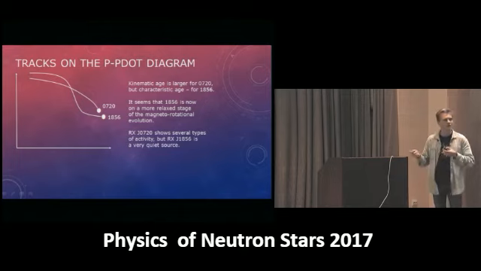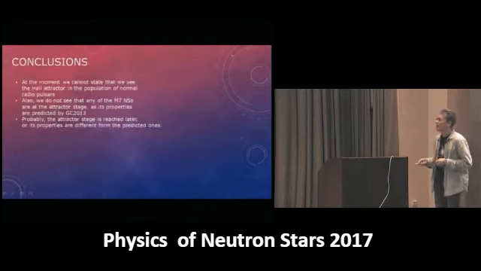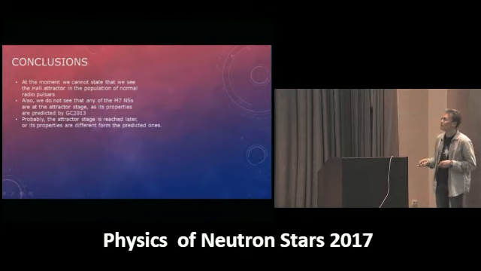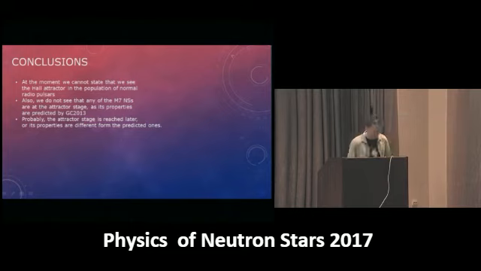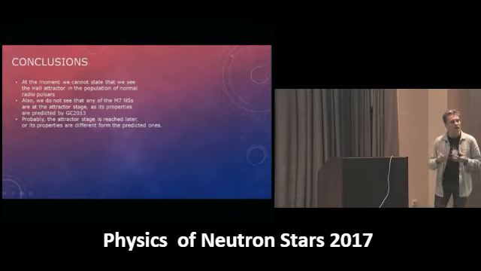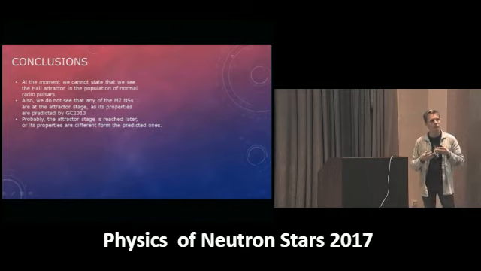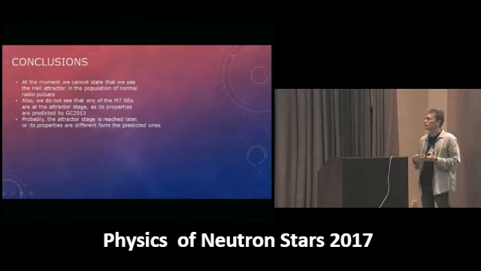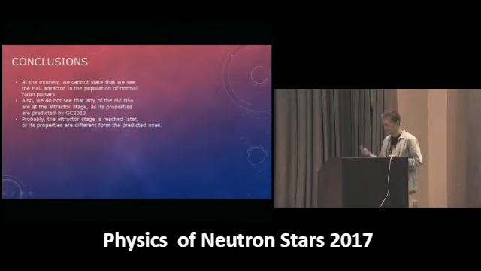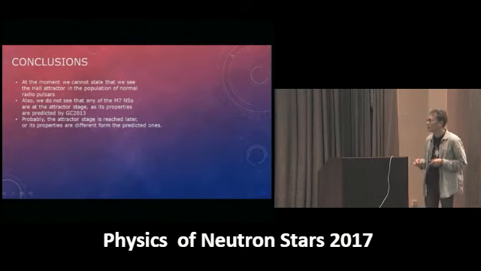And of course, a thing that makes our life less easy. Okay, here I come to my conclusions. Unfortunately, we were not able to find evidence for the Hall attractor looking at the population of normal radio pulsars, or looking at particular sources among the Magnificent Seven.